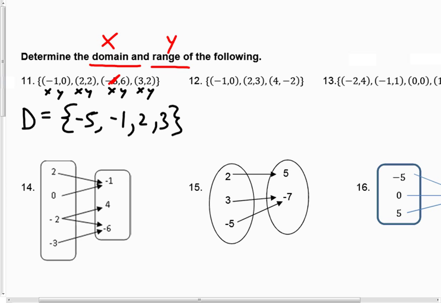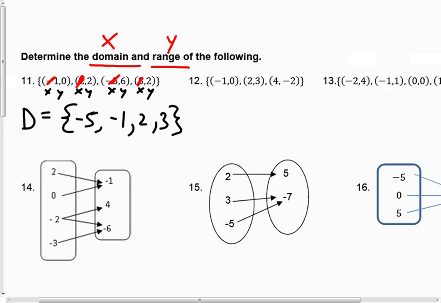That was -5. Then we had a -1. Then we had a 2. Then we had a 3. So put them in order from least to greatest. Don't repeat it. If you see another -5 or another -1, you don't write it down again. Just write it down once.